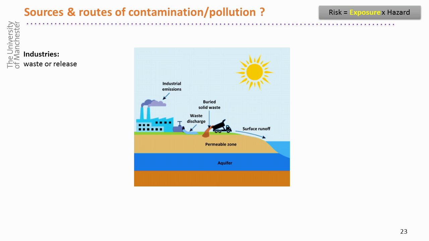So what kind of source of contamination or pollution can there be from the environment? I show one example here from industrial waste. It is fairly obvious that we have industrial emission, we have also solid waste that somehow needs to go somewhere.